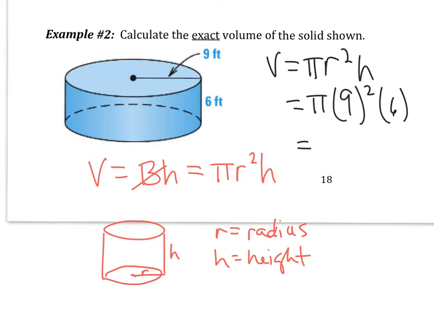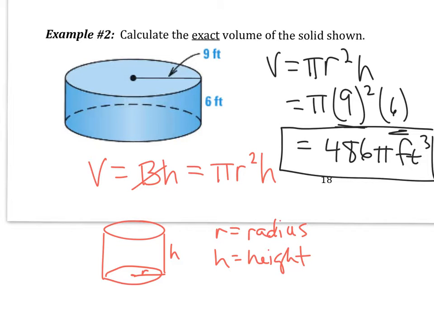Wait, I got a 486 over here. 486. You should end up with 81 times 6. So 81 times 6 is 486, you said? 486 pi, and that'd be feet cubed. Questions on that?